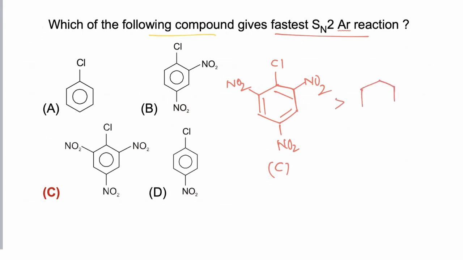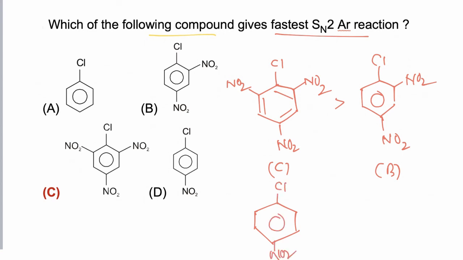As the number of NO2 groups decreases, the rate of SNAr reaction also decreases. So C, then B, then D. D has only one NO2 group, so the rate is comparatively slower, and A reacts with minimum speed because it does not have any electron withdrawing group. So C gives the fastest rate of reaction while A gives the minimum rate.